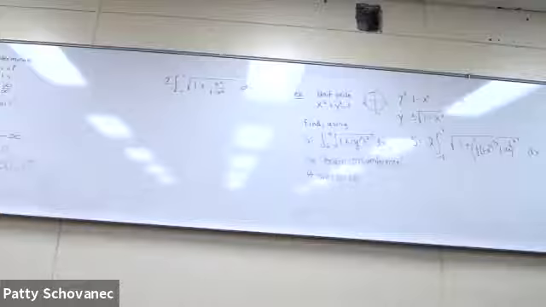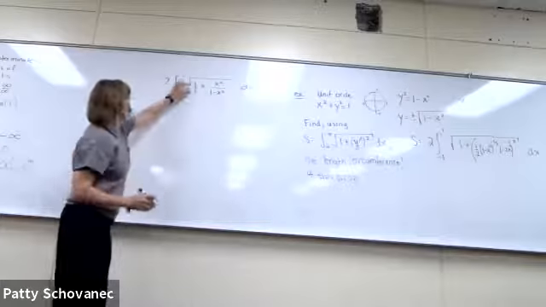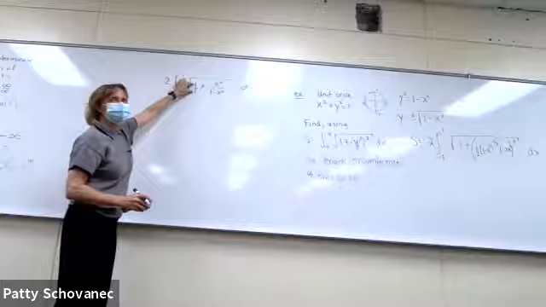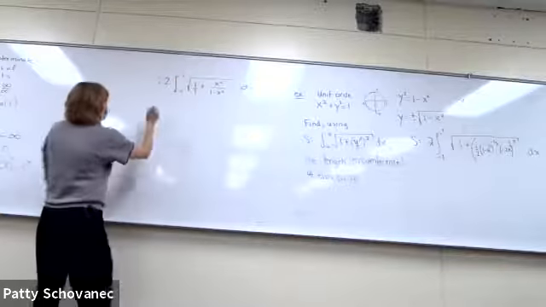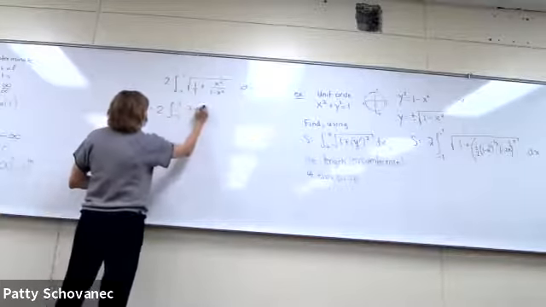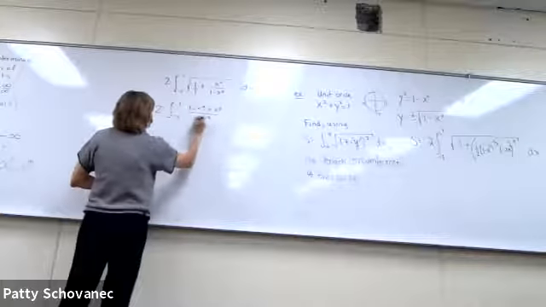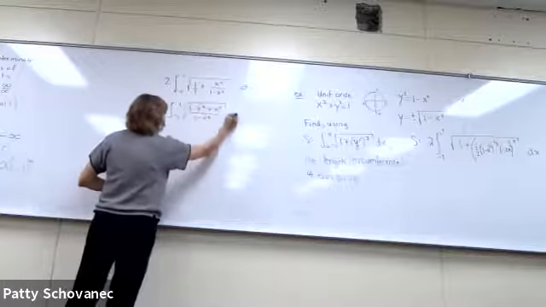Should we make a common denominator? Yeah, let's get a common denominator. So let's treat this as 1 minus x squared over 1 minus x squared, and write them as a single fraction.